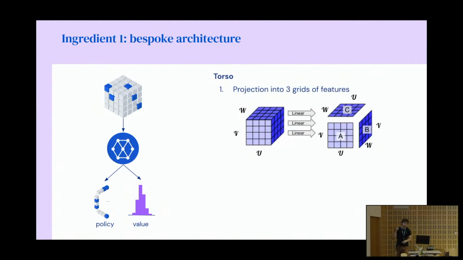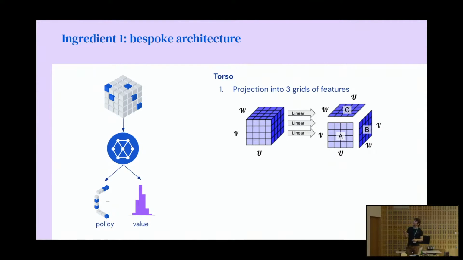In the final version of the system, the architecture operated as follows. Remember, the neural network needs to encode the current state of the game, which is a 3D tensor, and then predict a policy and the value. So we encode the 3D tensor as follows. We take the 3D tensor, and then we project down this 3-dimensional cube along the 3 different axes into 3 matrices.